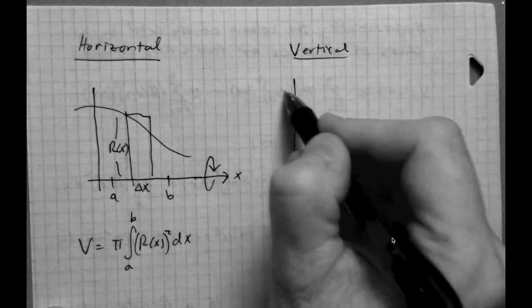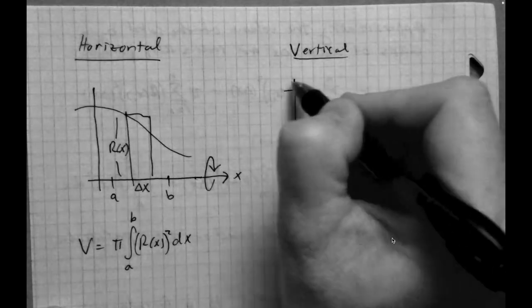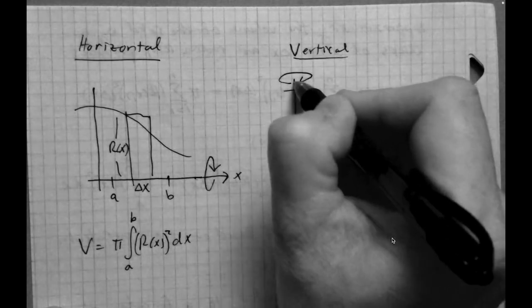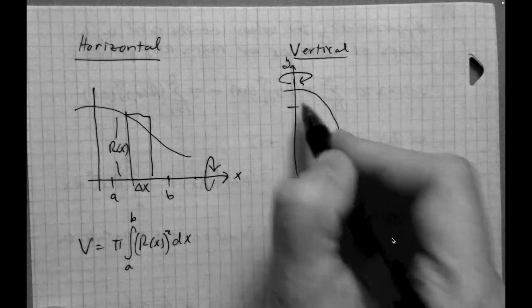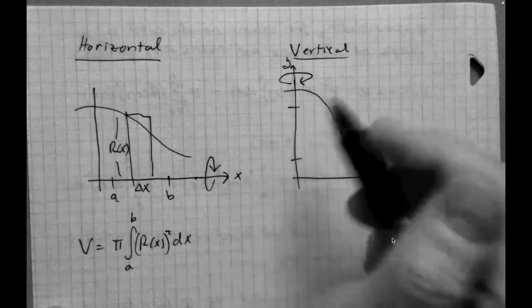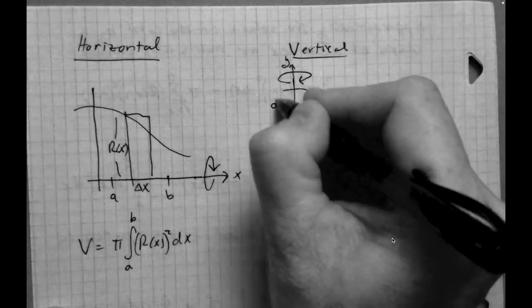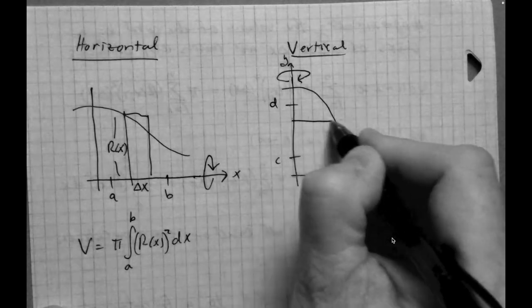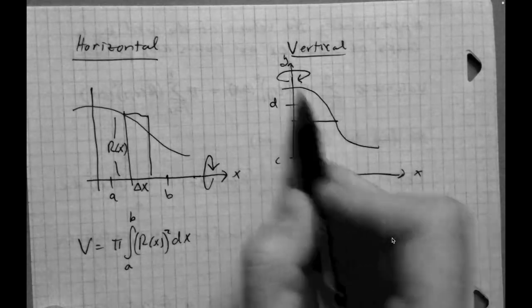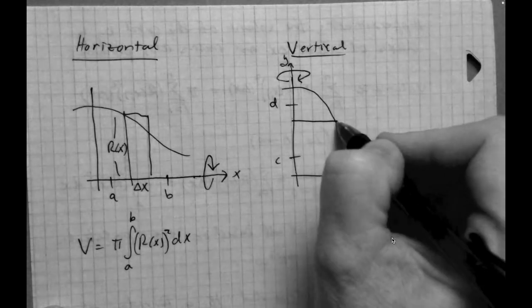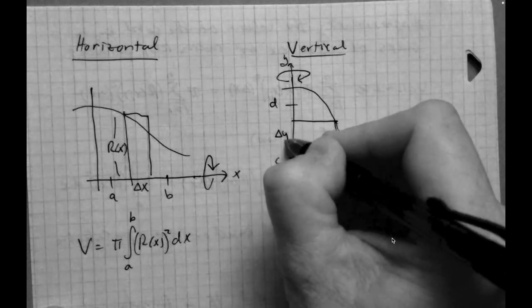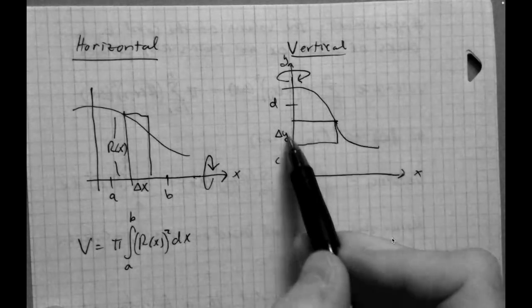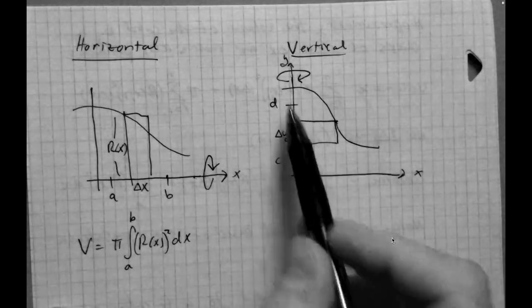It's just that in this case, the axis that we're spinning around is the y-axis. So this is the x-axis. And so what's important there is that, maybe I have c and d, my representative rectangles are always going to be perpendicular to the axis of revolution, right? And so this would now be a delta y. It'd be a width on the y-axis.